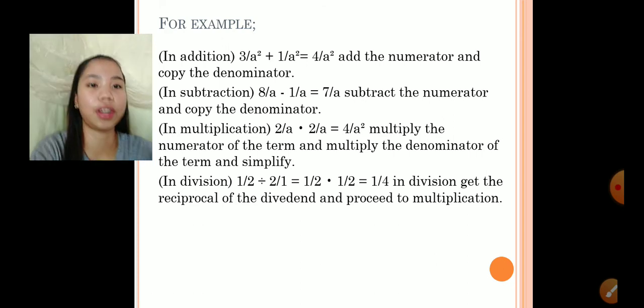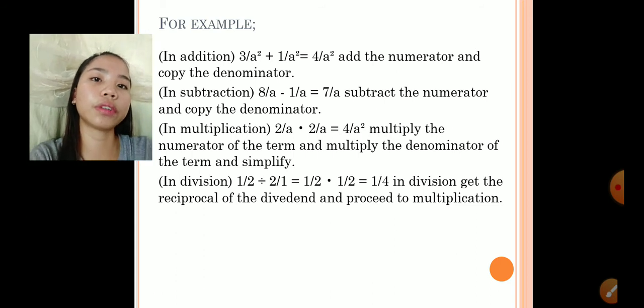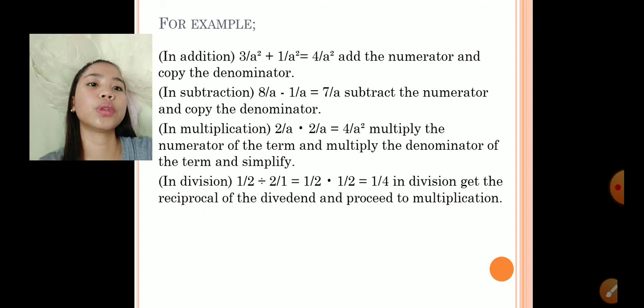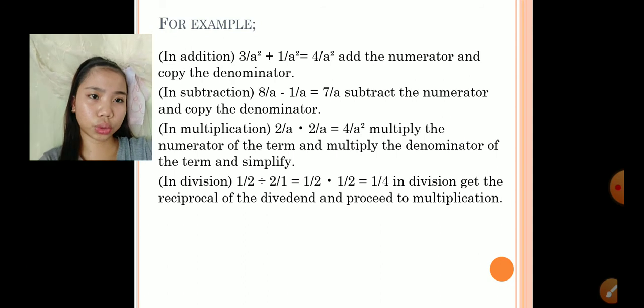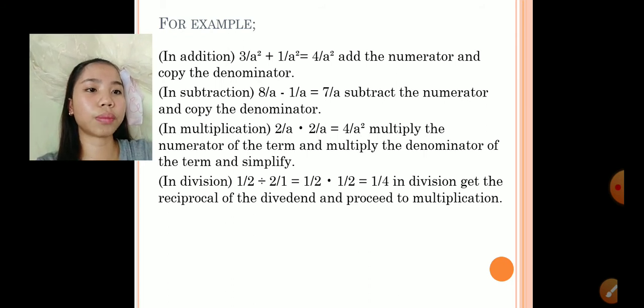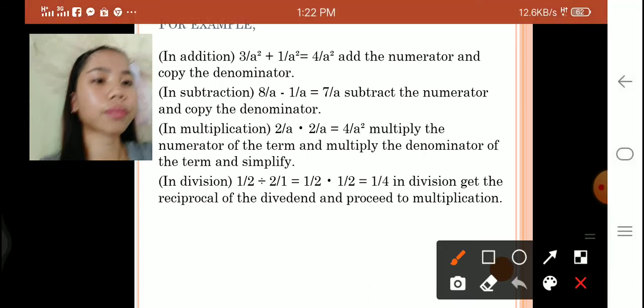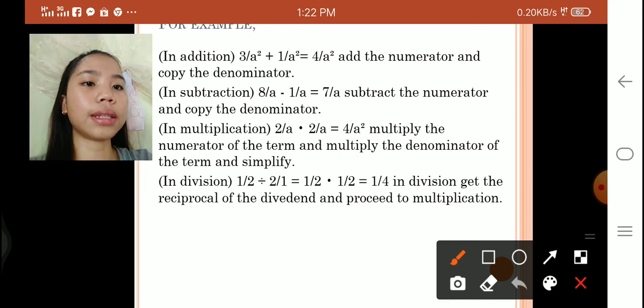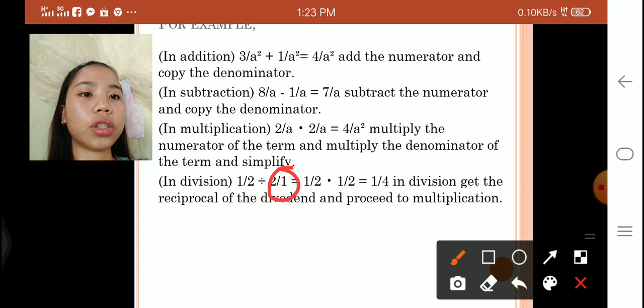In division, 1 over 2 divided by 2 over 1 is equal to 1 over 2 times 1 over 2, which is equal to 1 over 4. In division, we get the reciprocal of the divisor and proceed to multiplication. So, 2 over 1 is a proper fraction. Let's get the reciprocal of 2 over 1.